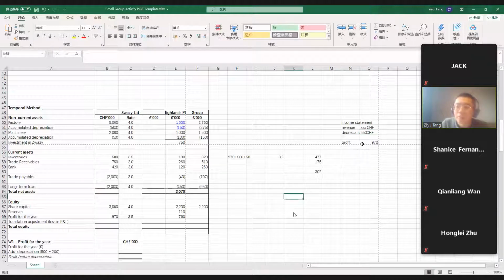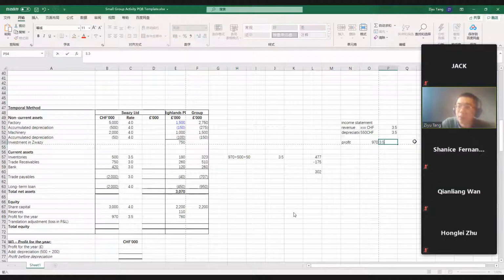So if we divide this profit by 3.5 to calculate the profit, what does that mean? That means that if we translate the income statement as well, the revenue is divided by the rate of 3.5, and the depreciation is also translated by the rate 3.5.